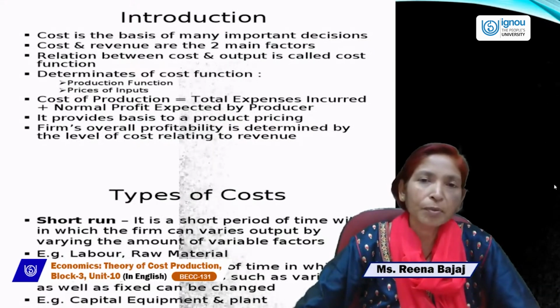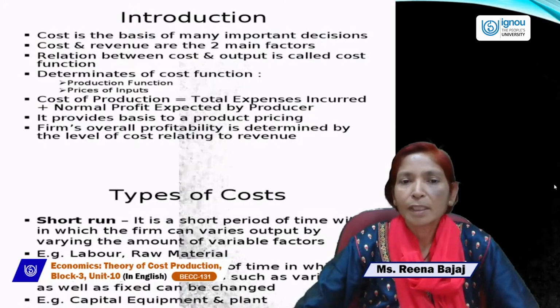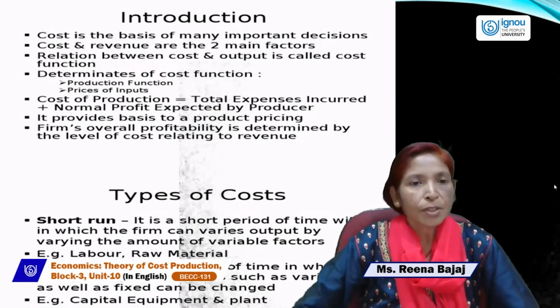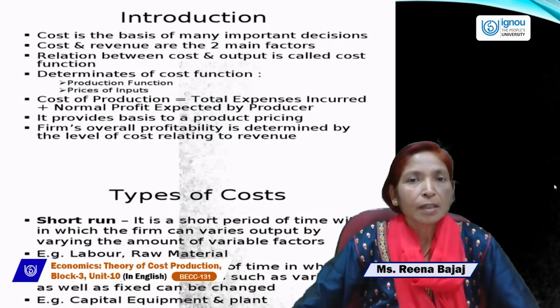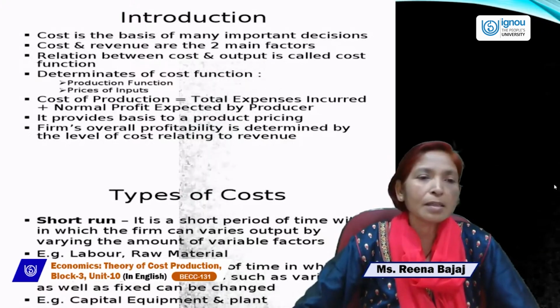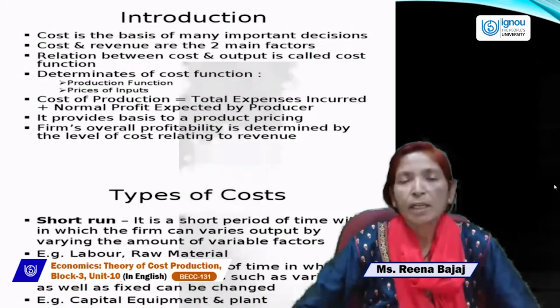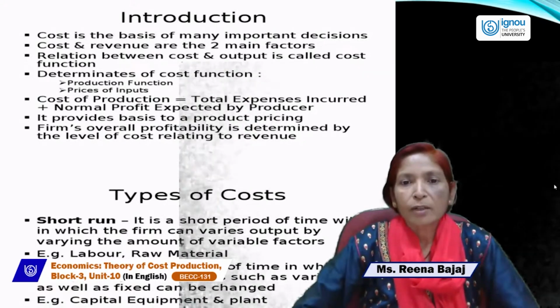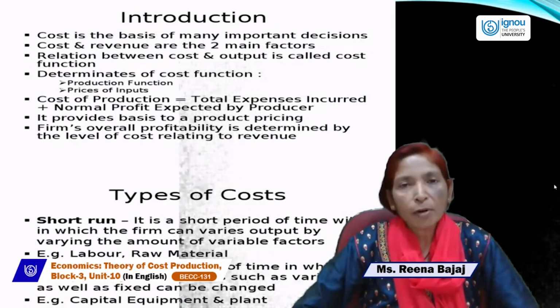If prices of inputs are less, then cost of production will also decrease. So the determinants of the cost function are the production function and the prices of inputs. And we can calculate cost of production by using this formula: total expenses incurred plus normal profit expected by the producer.